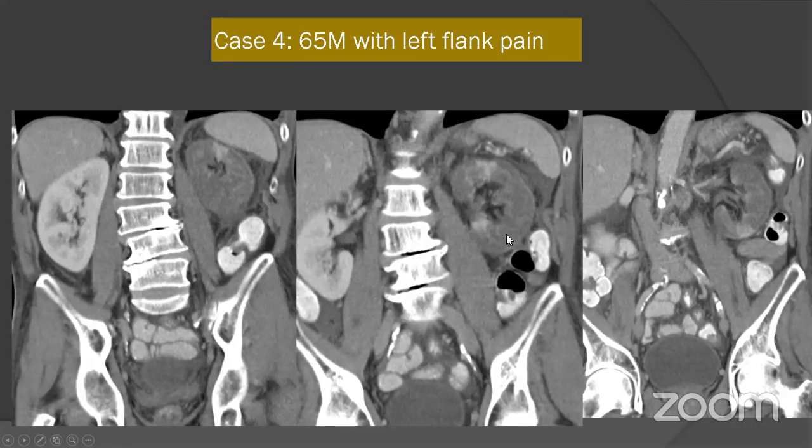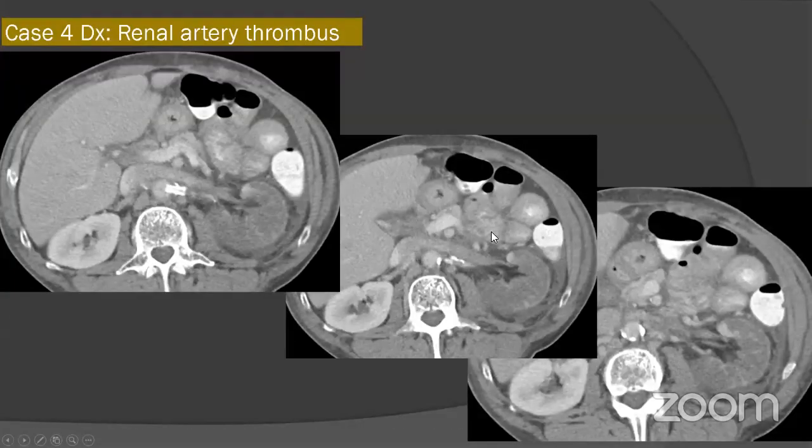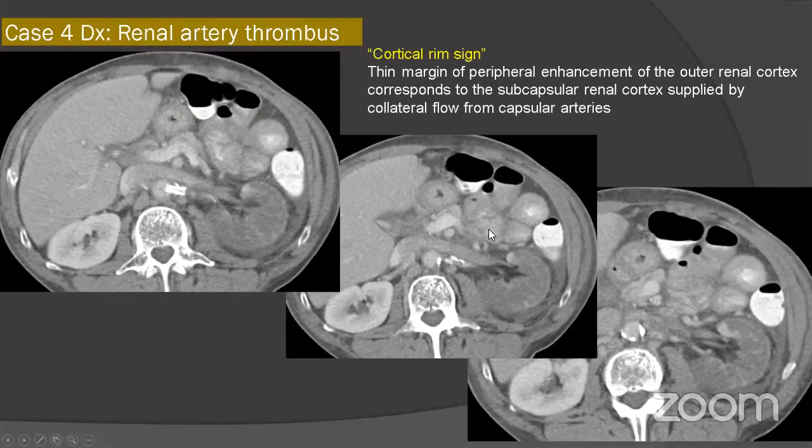And an important sign that is being mentioned in the chat box, and I'm very delighted to see, is the cortical rim sign. So this cortical rim sign helps make the distinction between, if you were to see a segmental infarct, a distinction between pyelonephritis and an infarction. In pyelonephritis, typically, you will not see the cortical rim sign, which you would see in a case of a renal infarction.